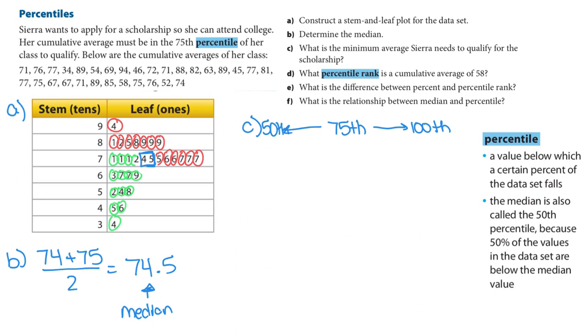Because 75 is halfway between 50 and 100: 25 from 50 to 75, and 25 more from 75 to 100. So if I just look at the top half of my data, which would be 75 up to 94, because we said 74, 75 is our midpoint, that's the top half of our data.